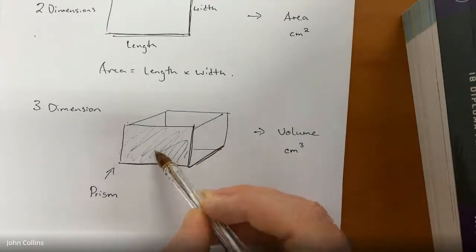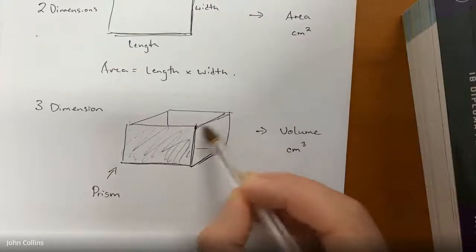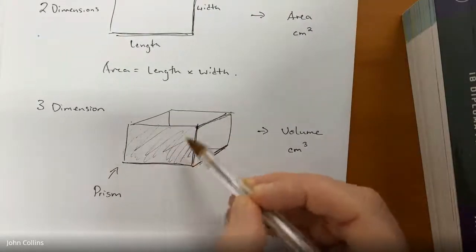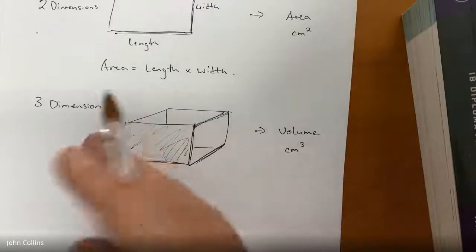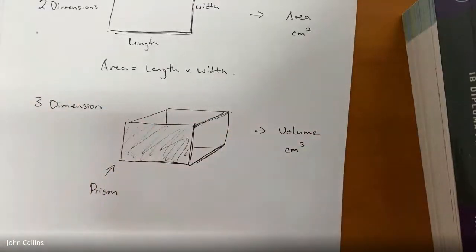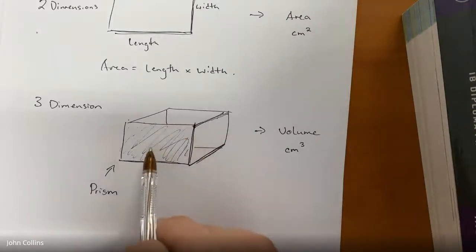So you can move this two-dimensional shape throughout the shape. In other words, you could slice it anywhere, and the two slices, if you were to open it up, would look the same. So think of a very rectangular loaf of bread, and you were slicing it, and every single slice looks the same. So every single slice of this box would look the same. And if it does look the same, it is a prism.